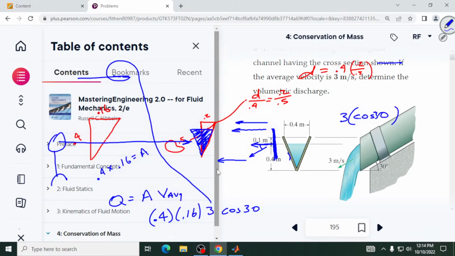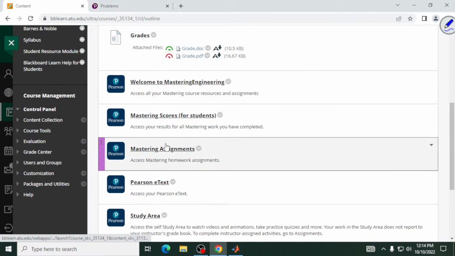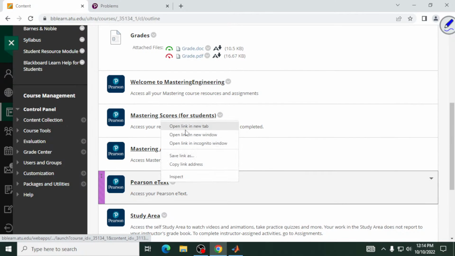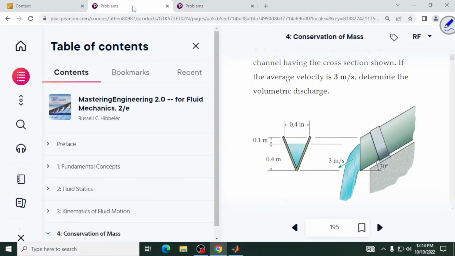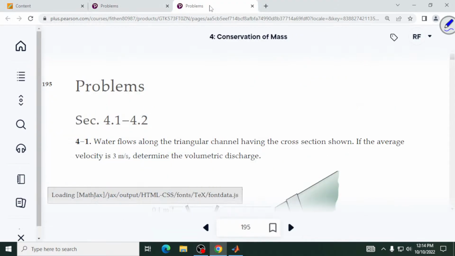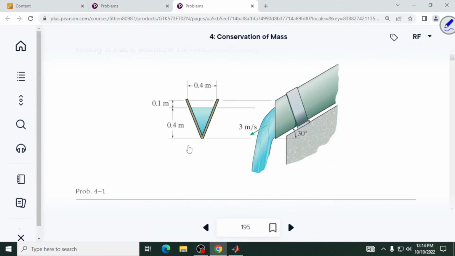Let's see. Okay, looks like I'm going to have to figure it out. I know how to maybe do this. Open it again in a new tab. The old tab will be written on. The new tab will not be written on.